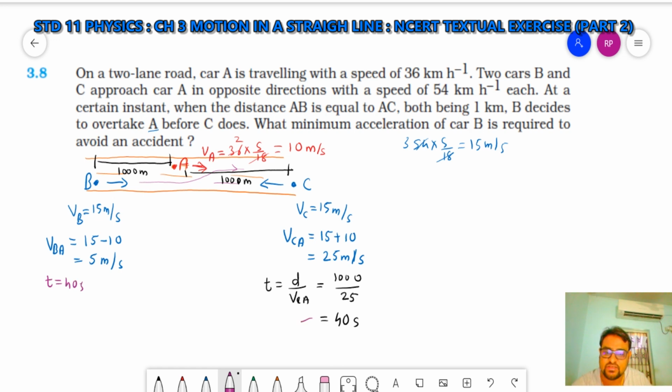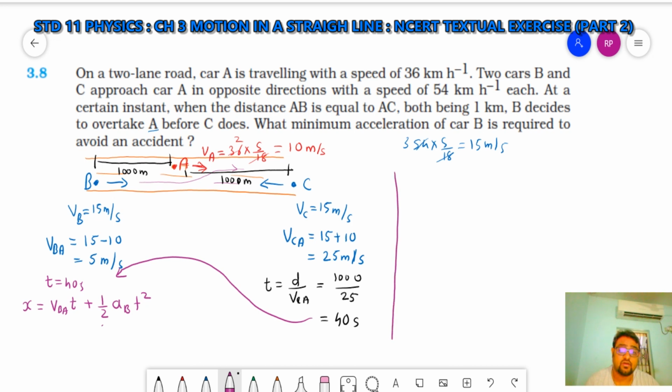I can use the formula x equal to v0 t plus half a t square, that is, x equal to VBA t plus half AB t square. Clear? I am writing down this equation here.